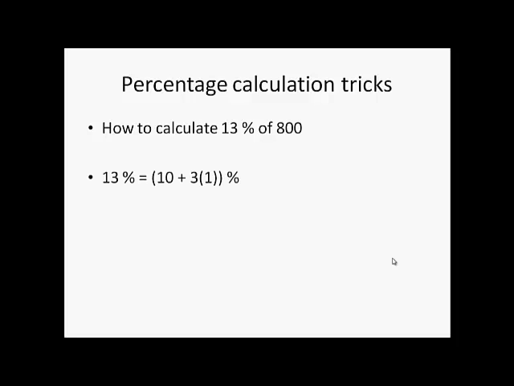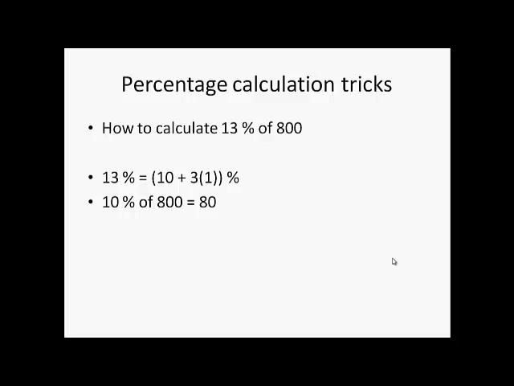Now, here are some basic calculation tricks to help you quickly understand how to calculate the values of different percentages. Now, if we are required to calculate 13% of 800, we can break down 13% as 10 plus 3 times 1. 10% of any number is just to knock off the last zero or shift a decimal point.